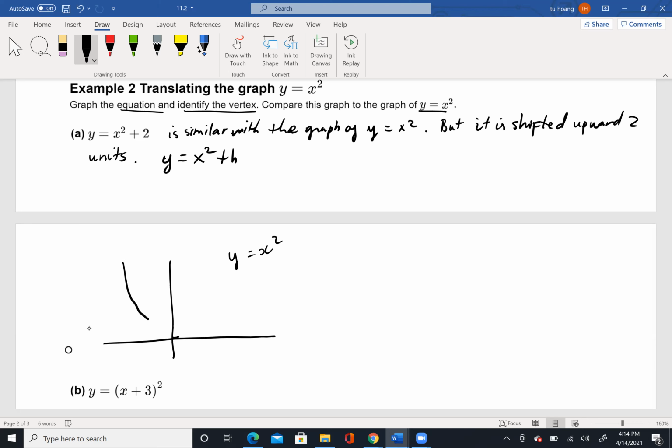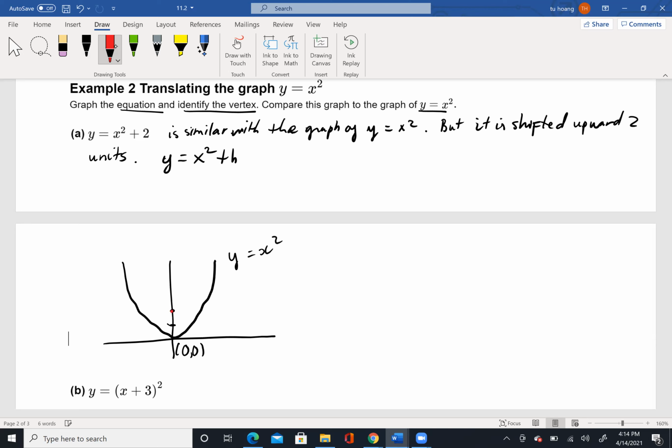I try to make it more symmetric. So 0, 0 was the vertex of y equals x squared, but if you shift it upward 2 units, so 1, 2 here, right?